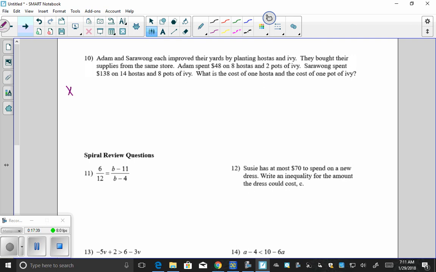So here again, I'm going to have my x and y's. So I'm going to do hostas as x, ivy as y. And I need to know how much 1 hosta costs and how much 1 ivy costs.